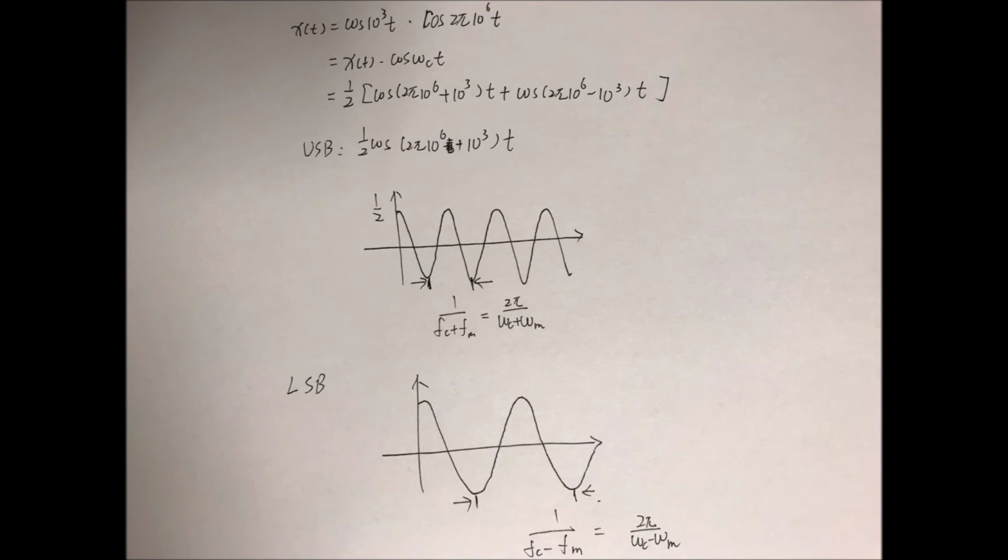This will be the only case where I ask you to plot the time domain waveform for single sideband: only when your message is a sinusoid. For other cases, sketching by hand is really difficult. If you really want to know what's going on, you can try to use MATLAB to show the waveform.